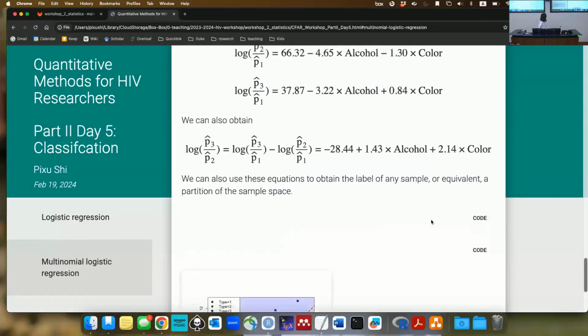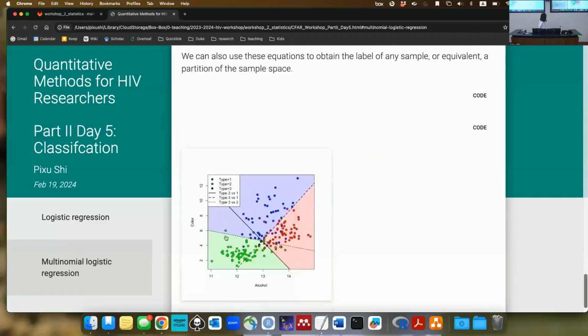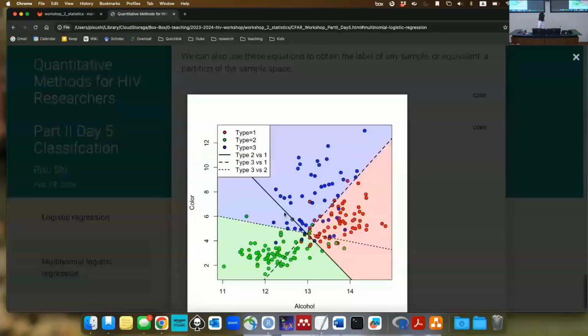So for this specific example, when we have 2 predictors and 3 labels, it has a very nice visualization. Each point is one observation, one wine, one label of one brand of wine, and each color is one type.